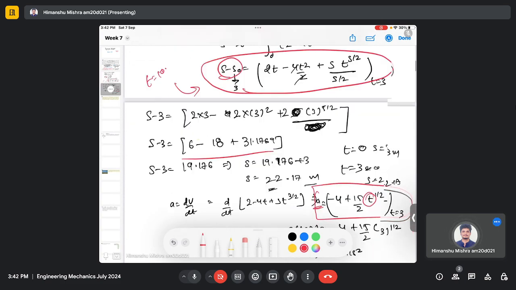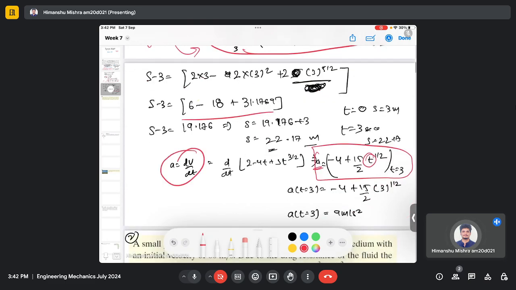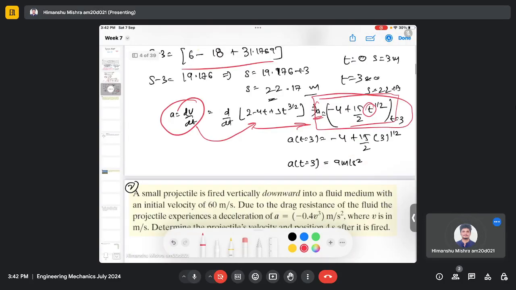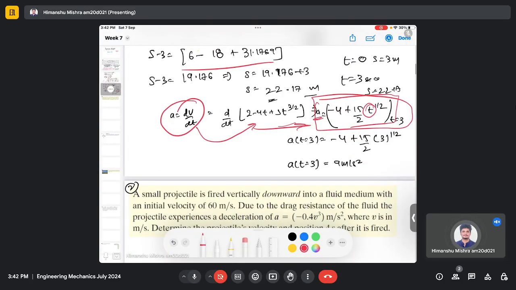Then we use another very general formula, that the acceleration is the change in velocity with time. Using this expression we get the expression of acceleration, and as we discussed before, it is not constant; it is a function of time, changing with time. So again we differentiate the velocity expression and substitute t equals 3 seconds to find the acceleration at the specific time we have been asked for.